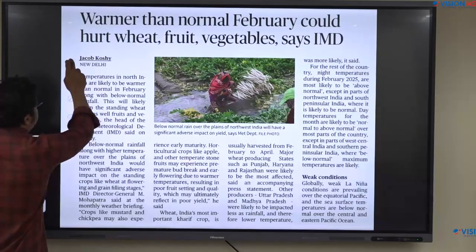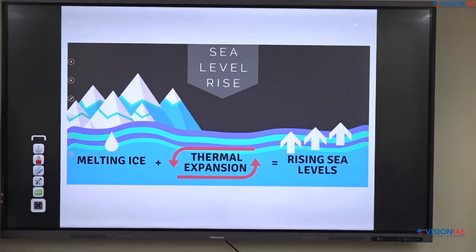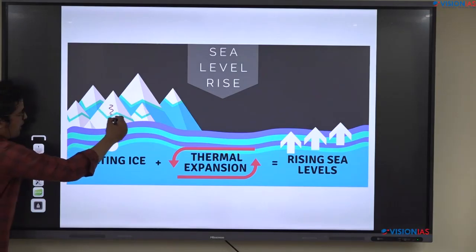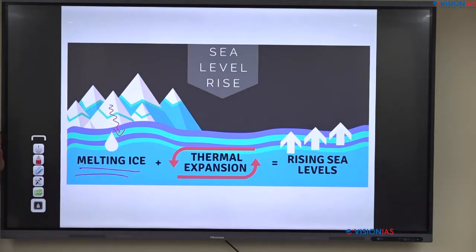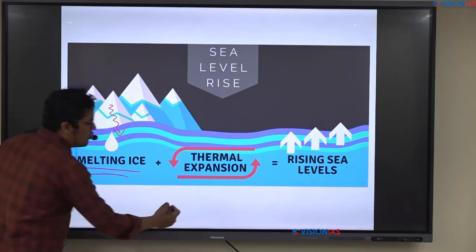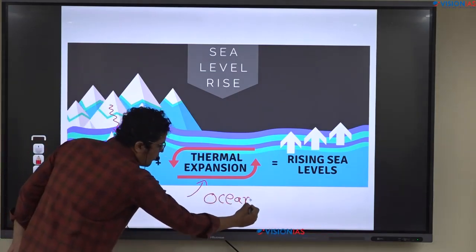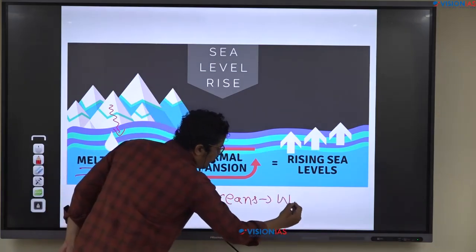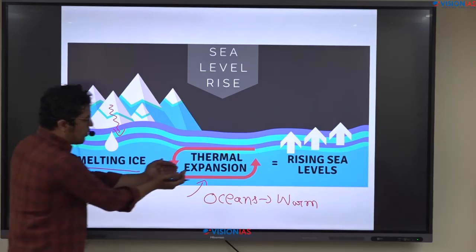So we will see a problem which is related to it. Sea level rise. What we have discussed so far is that if glaciers melt, water will increase the sea level. But yesterday we also discussed that if oceans become warm near the equator, water will expand.